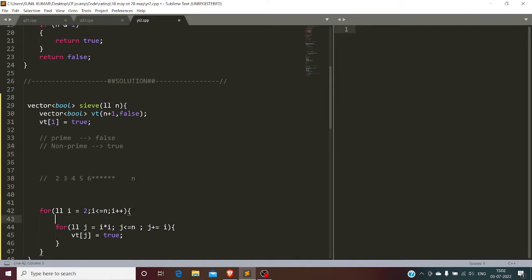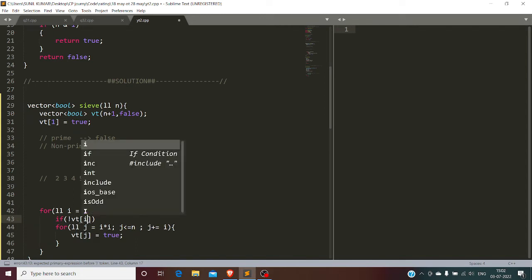Before that we should include one condition, that if the ith element is not prime, then only go on to this, otherwise it makes no sense, right? Because if we go to 4's multiples, they are already included in 2's multiples, right? So we don't need to go onto non-primes' multiples, right? So for that we can include a simple condition over here.